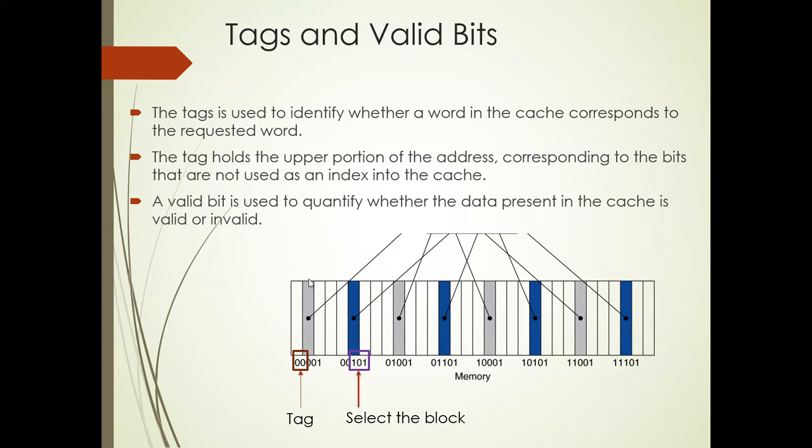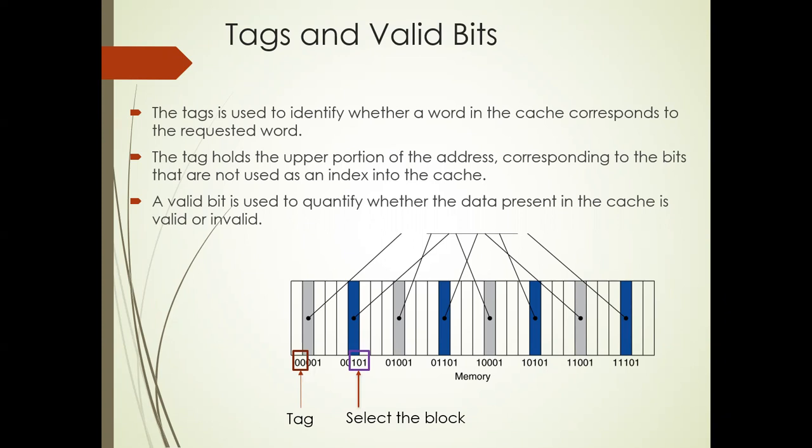In addition, you also have the validity bit in the cache to say whether the data has been updated or not. If the data is not updated, then the validity bit will be 0, and then the processor has to update this from the main memory, or it has to update it from the virtual memory.